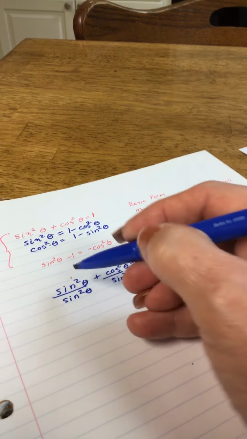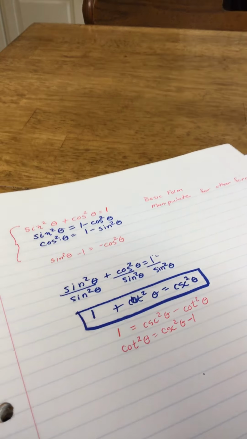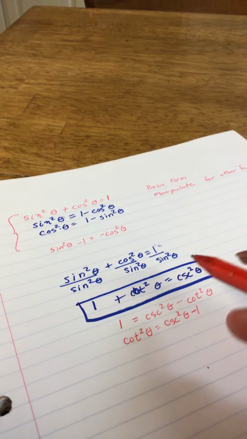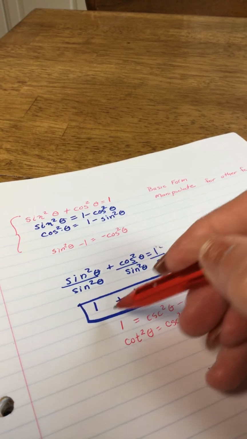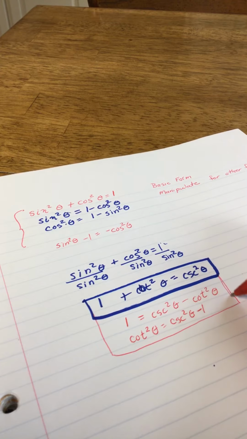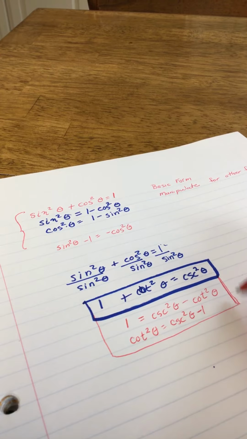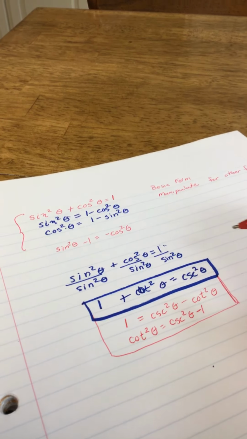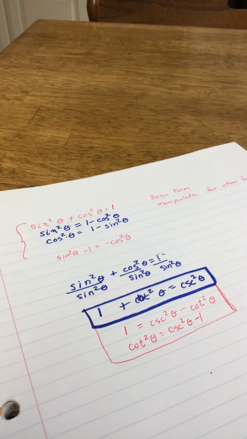Or I could keep the cotangent squared theta on the left and subtract the 1 from both sides, and it would look like this. So those are two basic manipulations for this Pythagorean identity. And on your notes, there's places for you to write at least 3 forms of each identity.